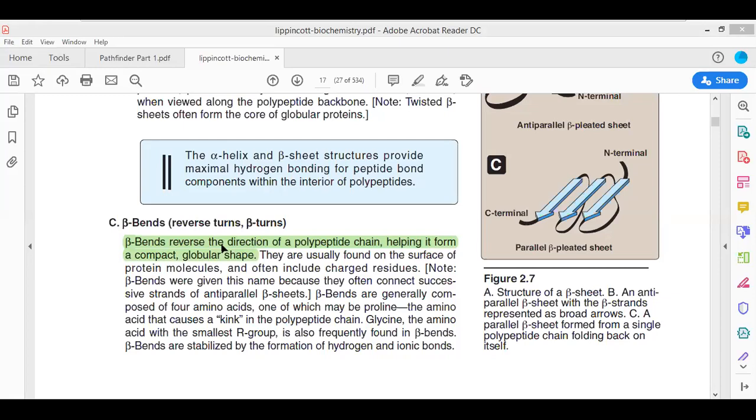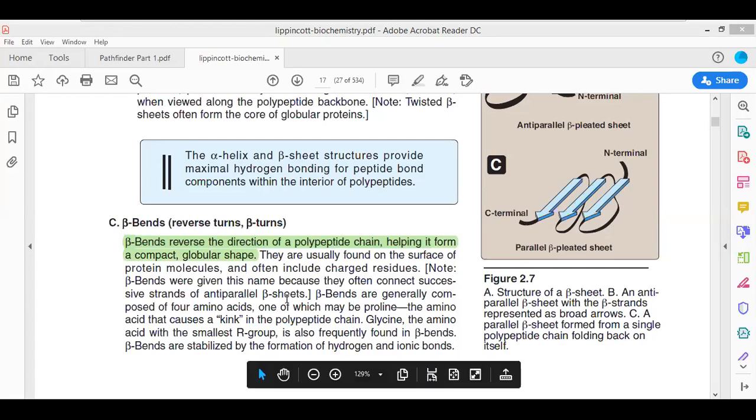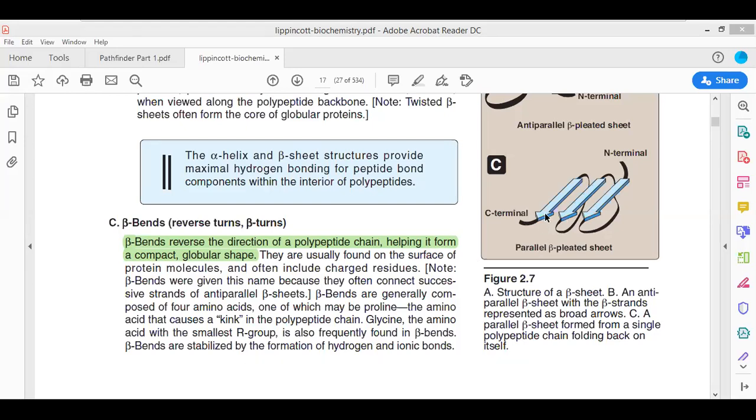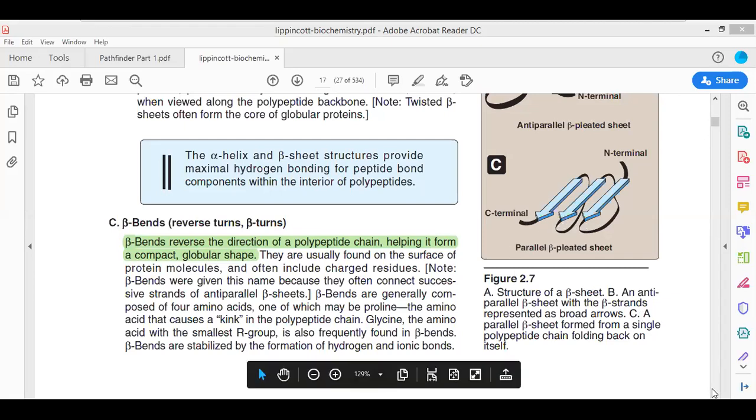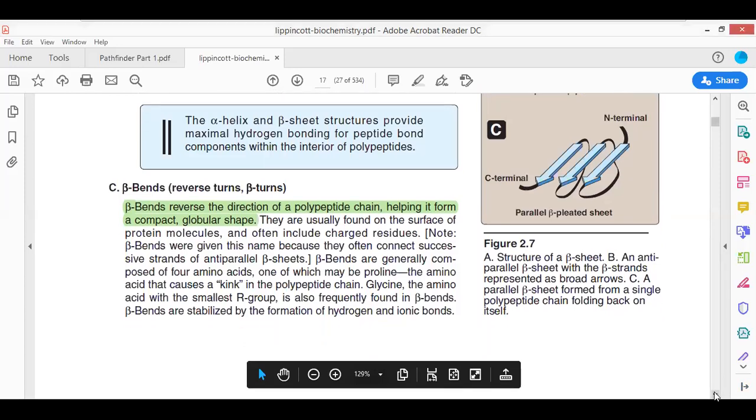They are usually found on the surface of the protein molecule and often include charged residues. Beta bends were given this name because they often connect successive strands of antiparallel beta pleated sheet. So there are antiparallel beta pleated sheet structures, and they are connected with each other through beta strands.